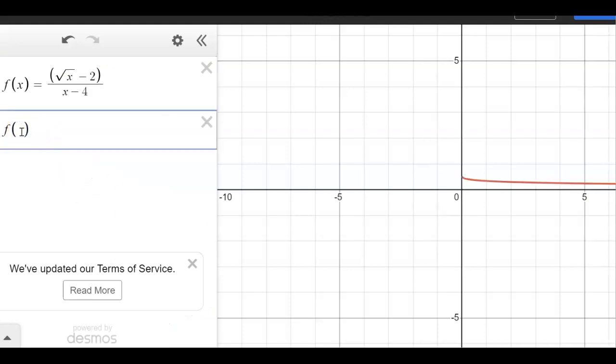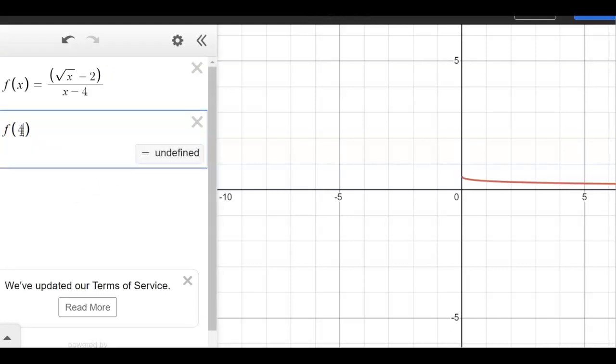All right, and again, if I plug in f of 4, it won't let me do that. Well, let's think about numbers smaller than 4. So let's think about 3. And then let's look at 3.5. And then let's look at 3.9. And then 3.99 and 3.999. You can see as x here is getting closer and closer and closer to 4, my output values are getting really close to 0.25.